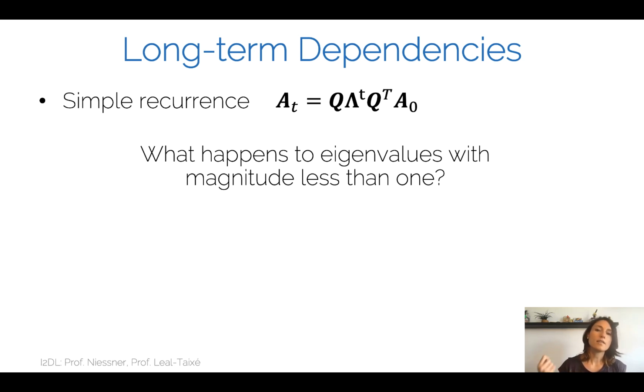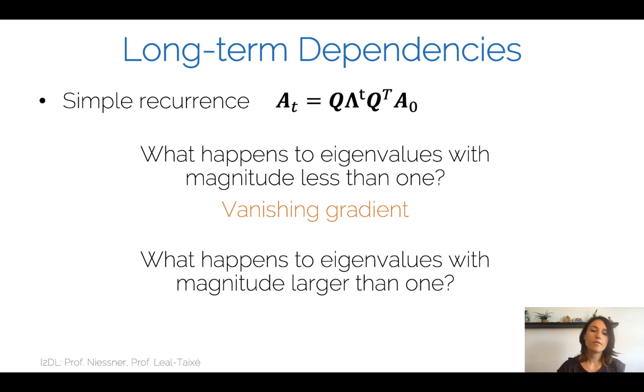Therefore, this is being multiplied over and over again. And so now we can establish that if the eigenvalues have magnitude less than 1, we're going to have vanishing gradients, and if the eigenvalues have magnitude larger than 1, then we're going to have exploding gradients. So exactly the same concept as before, as we had with the scalar weights, but with the matrix representation.